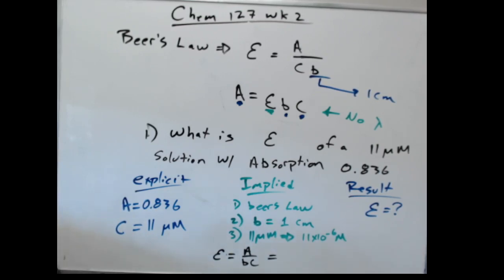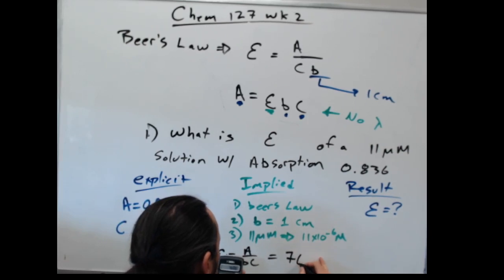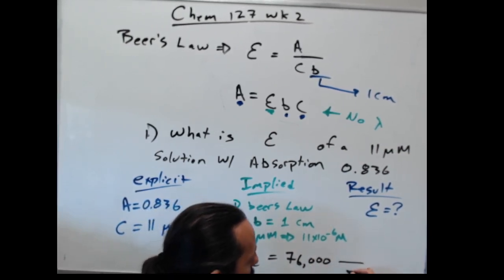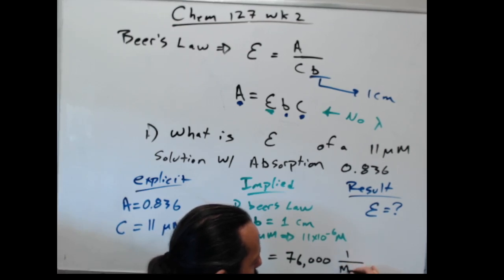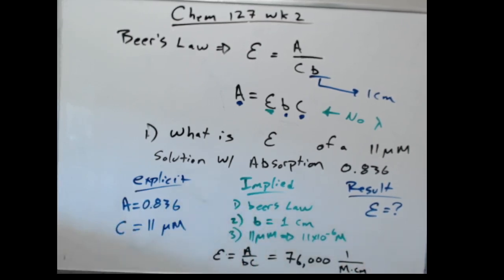So I do 0.836 divided by 1 centimeter divided by 11 times 10 to the minus 6, and I end up with a value of 76,000. My units on this would be 1 over molarity centimeters. The units don't make total sense. The units are just there to make sure that we end up with absorption having no units.